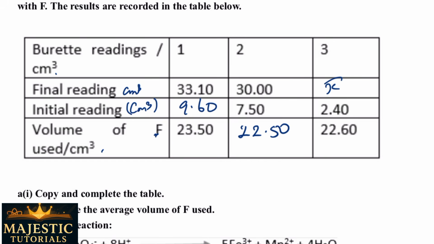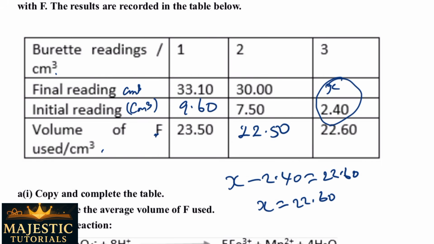So x minus 2.40 gave us 22.60, such that x is now 22.60 plus 2.40, which gives us a whole number: 25.